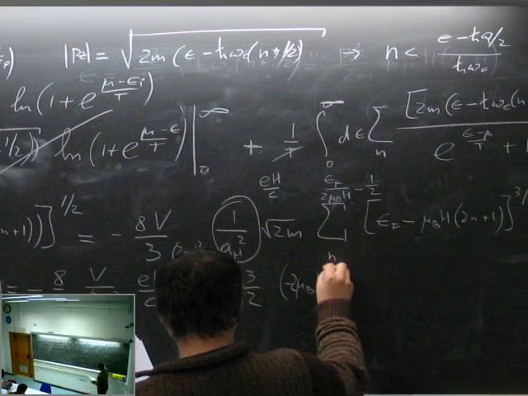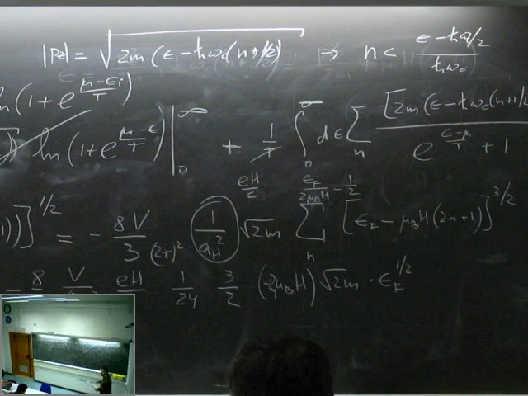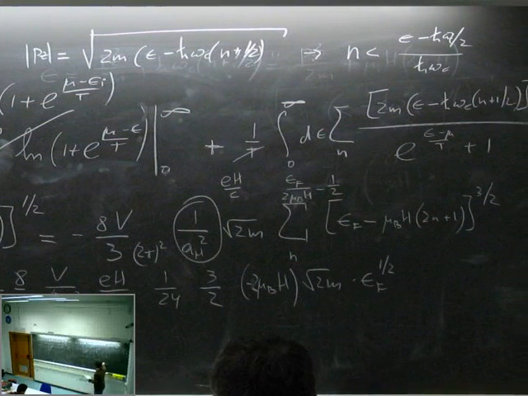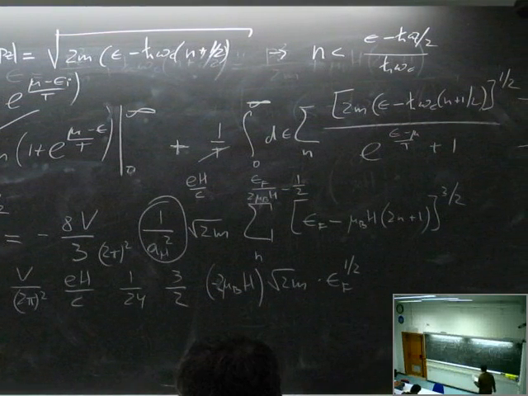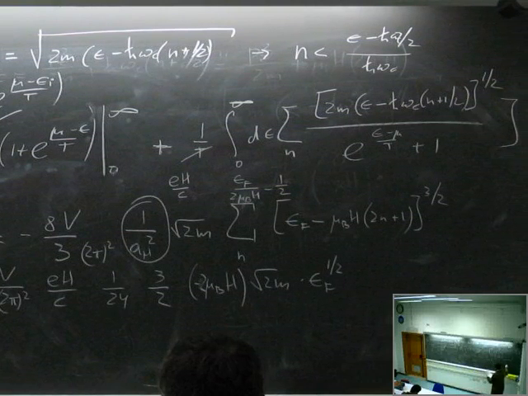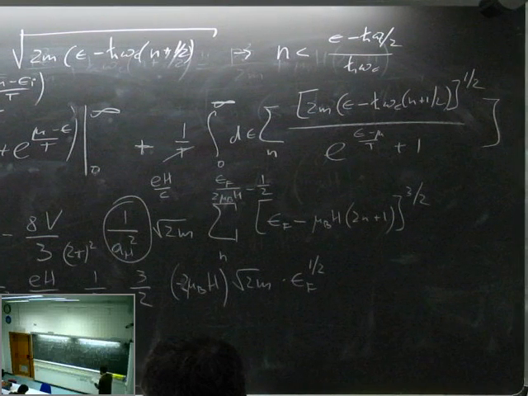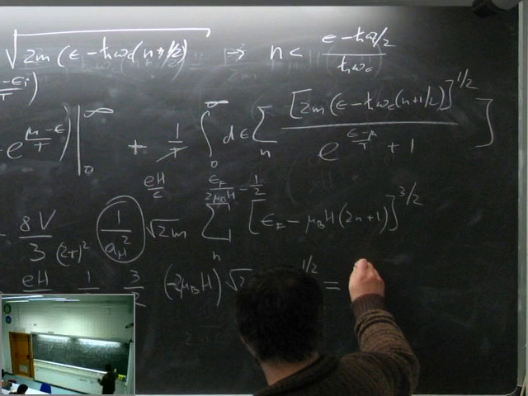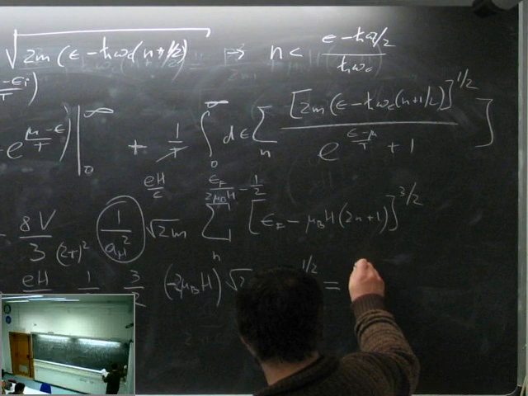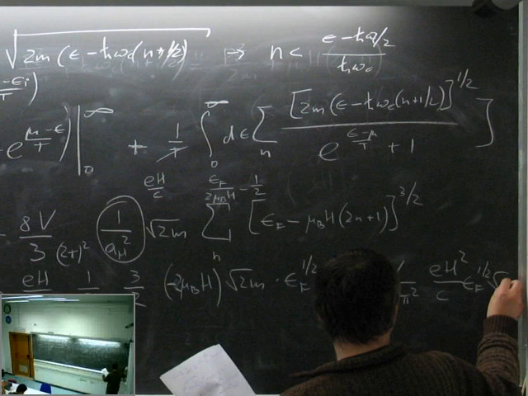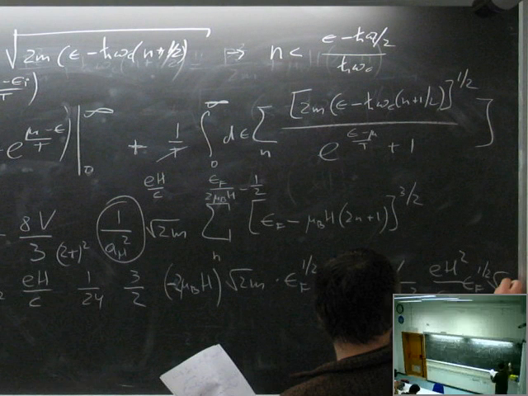So first of all, you see that the total sign is plus, because 1 minus comes from here and 1 minus comes from there. If I collect all multipliers, all coefficients, what I get here is 1/3 V over 4 pi square eH square over c, Fermi energy to the power 1/2, square root over 2m, and here is Bohr magneton.